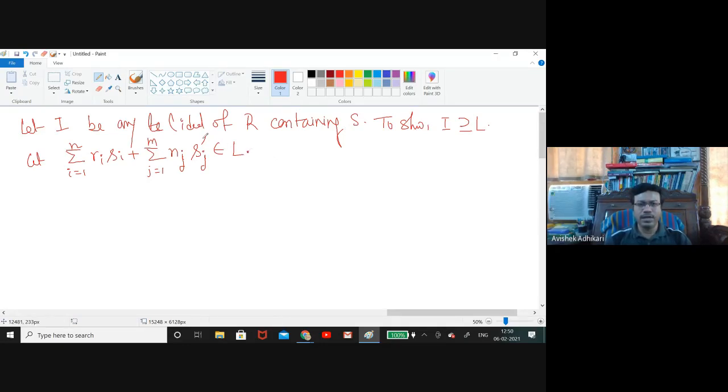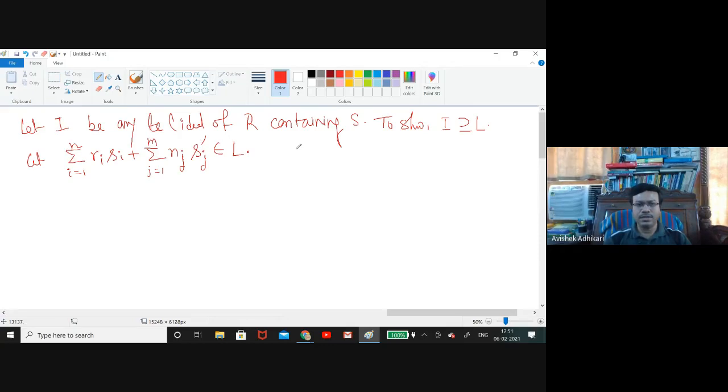See, this part s dash belongs to S and S dash is also within I. So this part is very much within I. Similarly, this part is also within I because I is a left ideal and S is contained in I. As a result, r_i into s_i will be within I from the property of left ideal, and their summation will also be within I.